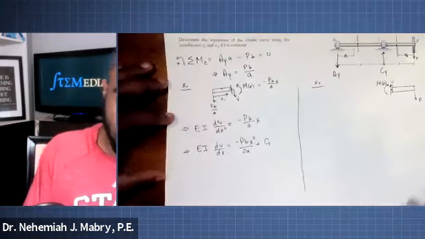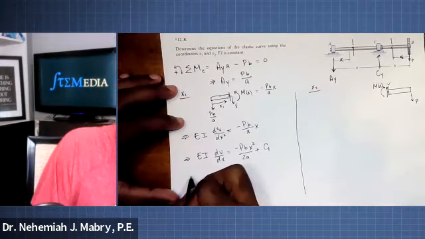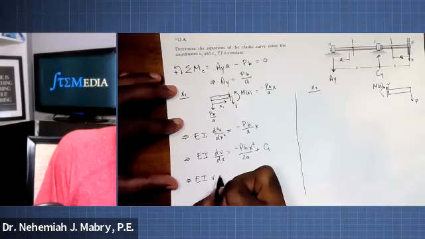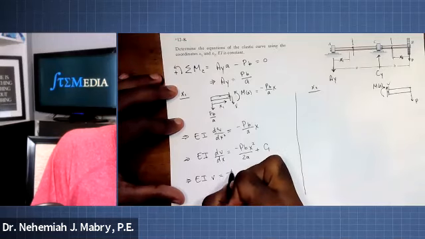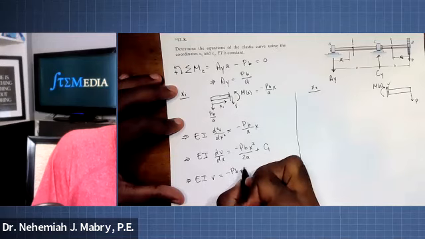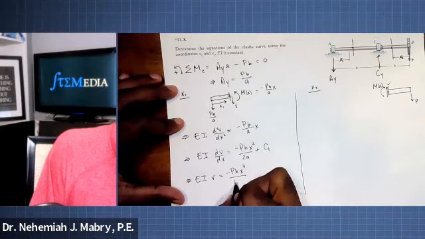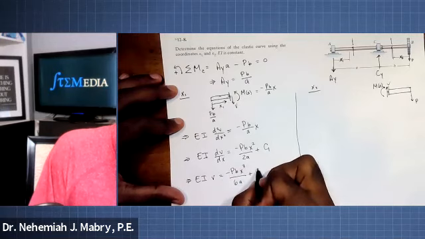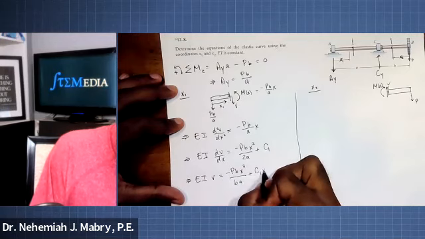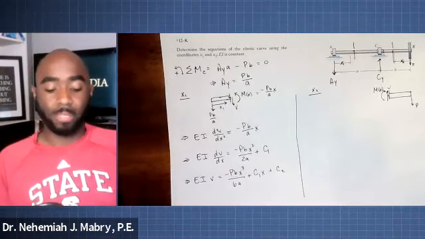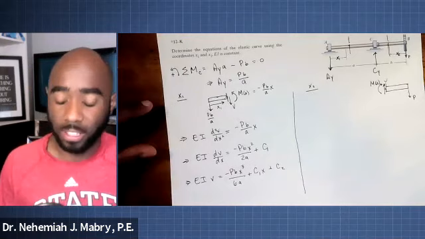Now to get the deflection equation, we're going to take the antiderivative of that, which is EI V equals negative PB x cubed over 6A plus C1 x plus C2. That's this side. That's the x1 side.